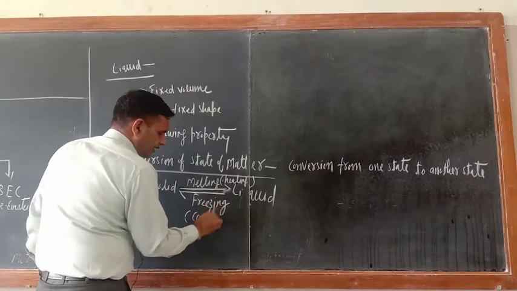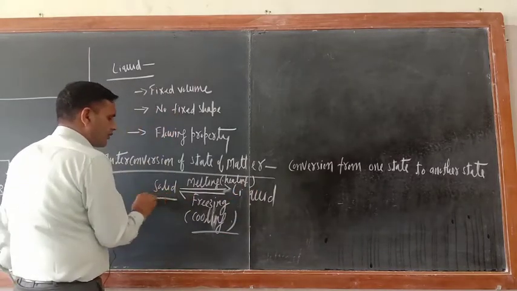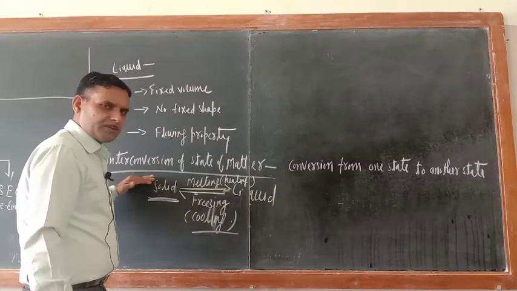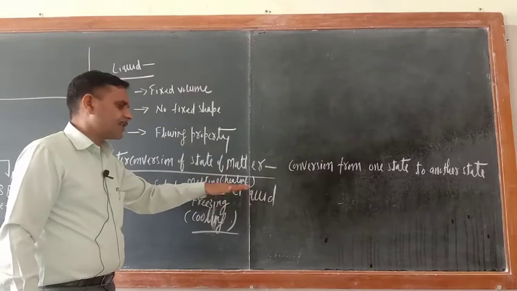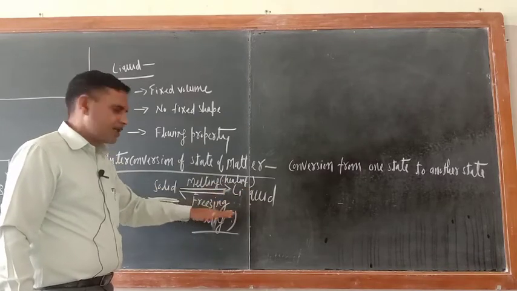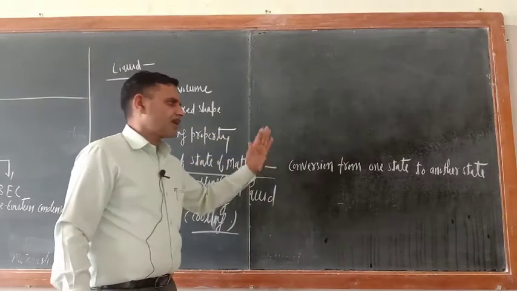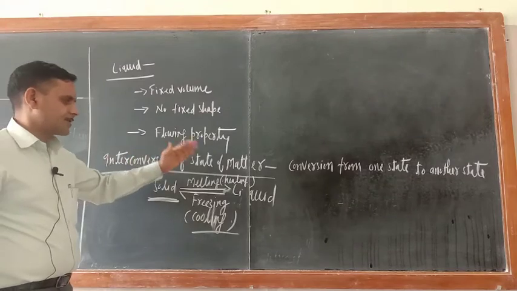When you cool, then only liquid will be converted into solid. We can say it like that also: if the temperature of the solid is increased, it will be converted into liquid. Similarly, when the temperature of the liquid is decreased, it will be converted into solid. So the conversion from one state to another state is known as interconversion of states of matter.